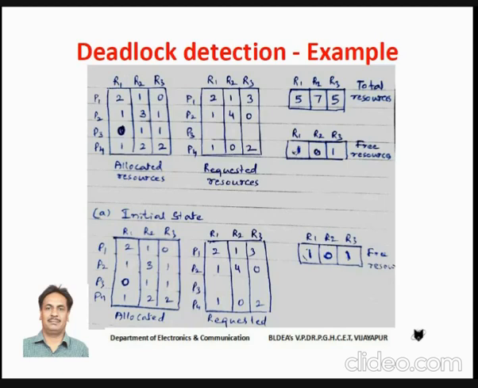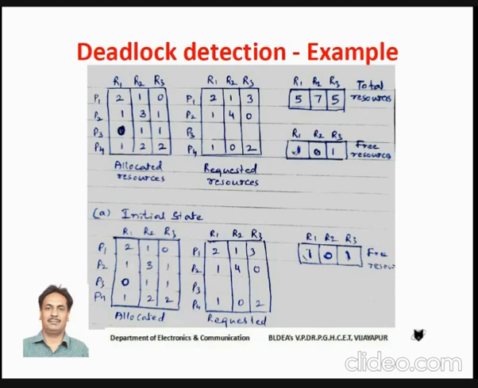If it is possible, once again we assume that the next process is also able to complete its execution. Then we update the free number of resources every time. Then we take up the next process and so on. Every time we check whether any of the processes will be able to complete its execution using the available set of resources.